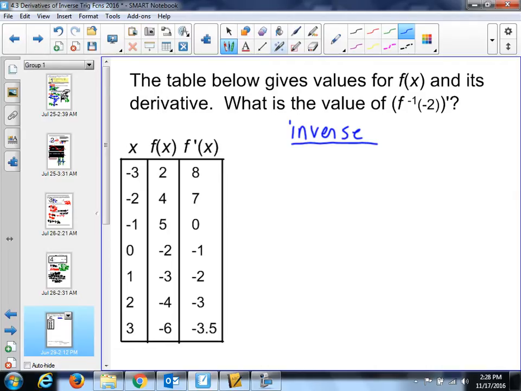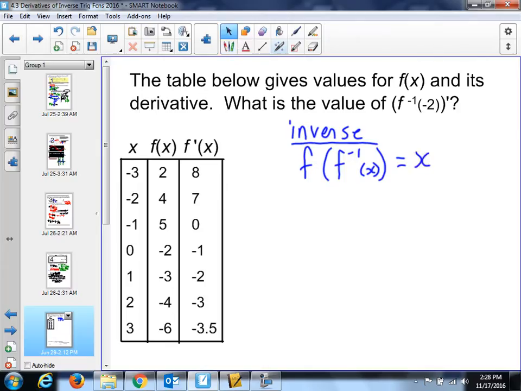You can memorize it, but in 2 or 3 months, as long as you know what an inverse is, the first thing you should write out is f of the inverse plugged in is equal to x. If you put the inverse inside the function, it undoes everything, and you just end up with whatever number you plugged into it. That's what this tells you.